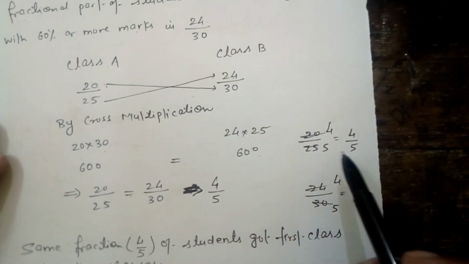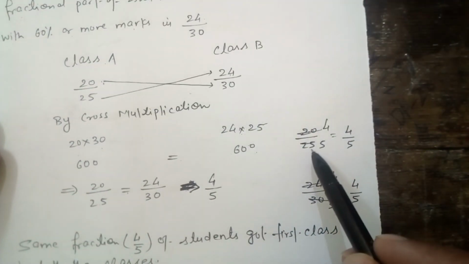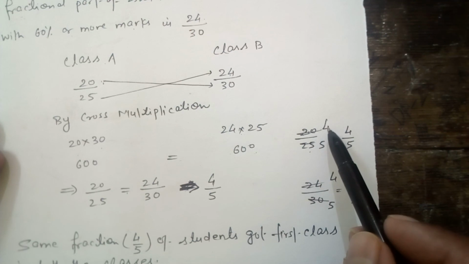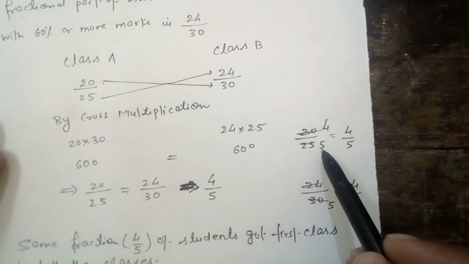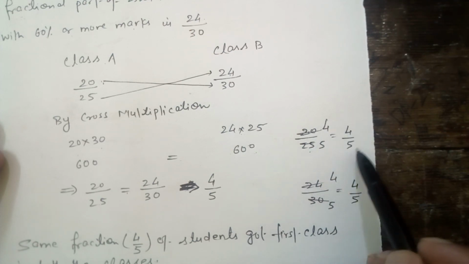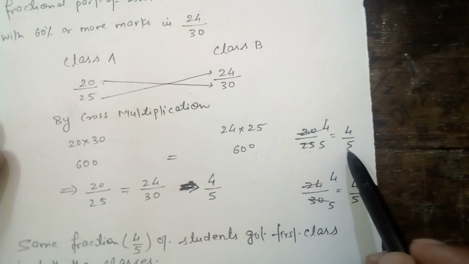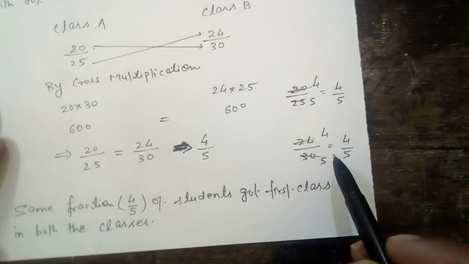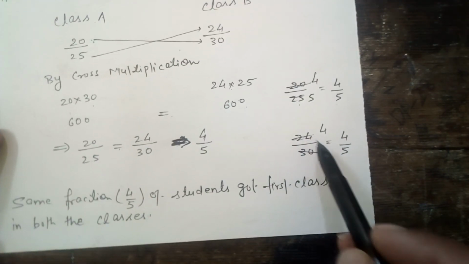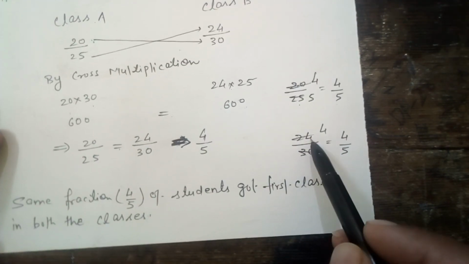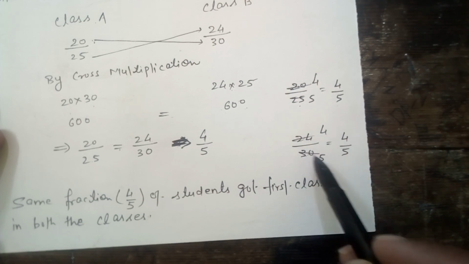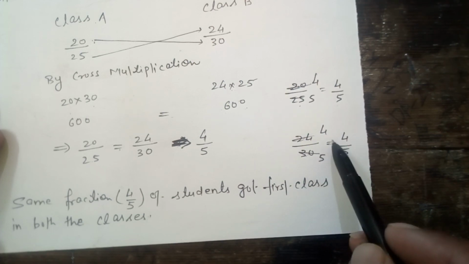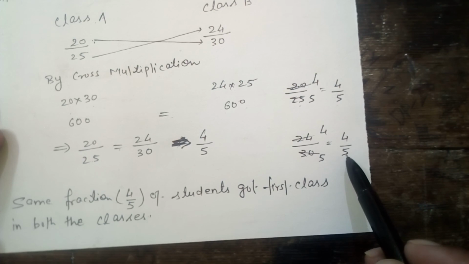Now look here. 20 upon 25: 5 fours are 20, 5 fives are 25. 4 upon 5 is the simplest form of 20 upon 25, and the simplest form of 24 upon 30 is: 6 fours are 24, 6 fives are 30. It will give you 4 upon 5.